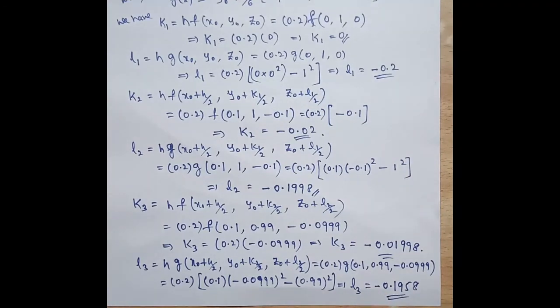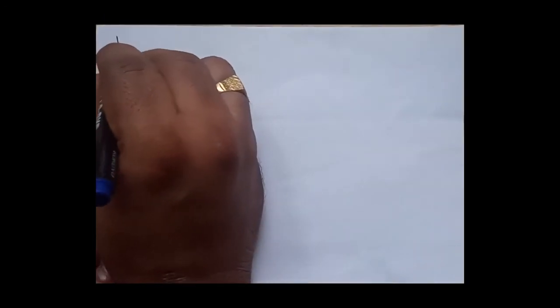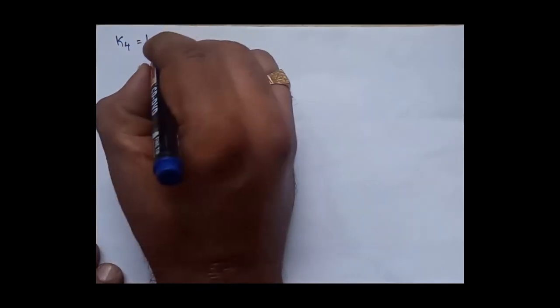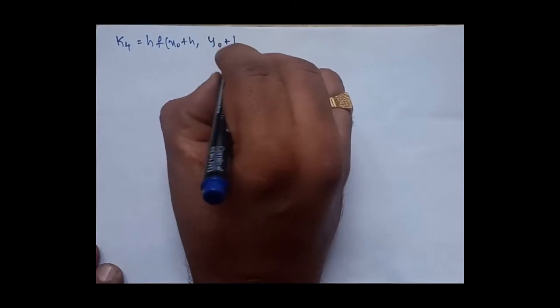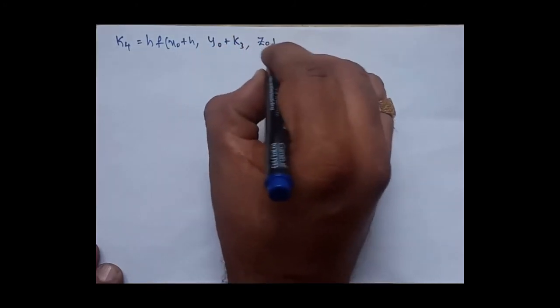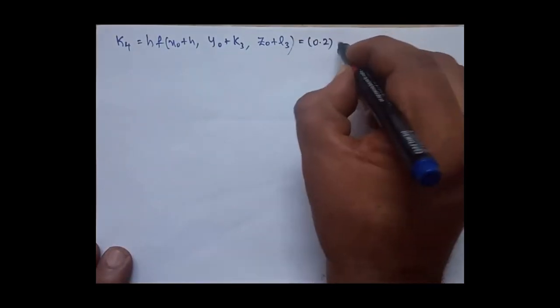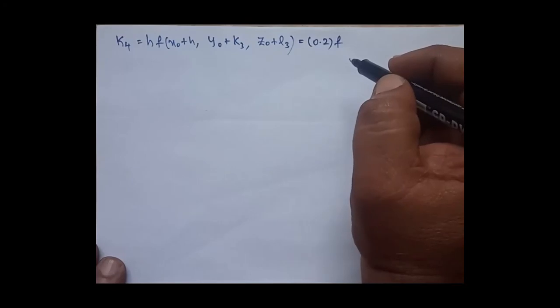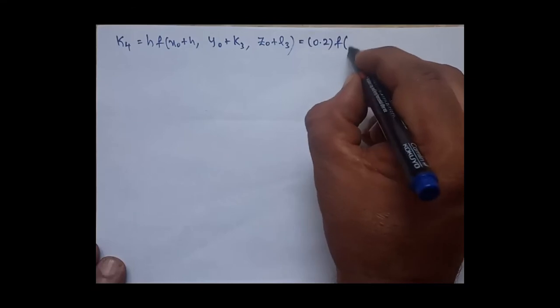So we calculated up to L3. Next we'll go for K4. The formula is h into f of x naught plus h, comma y naught plus k3, comma z naught plus L3. This is equal to 0.2 into f of x naught plus h. So x naught is 0 and h is 0.2, so it is 0 plus 0.2, that is 0.2, comma y naught plus k3.